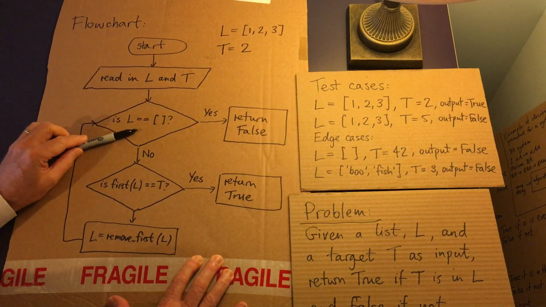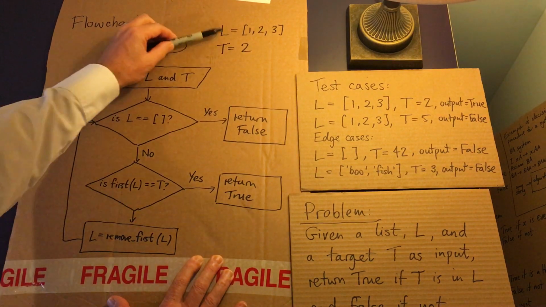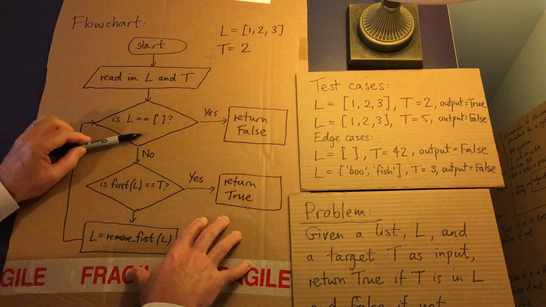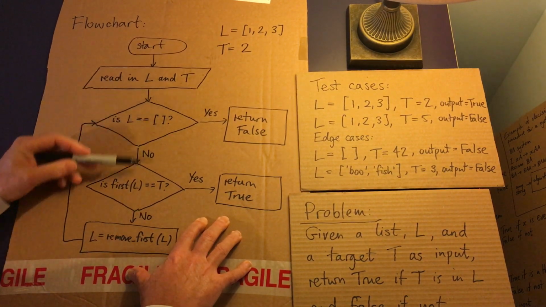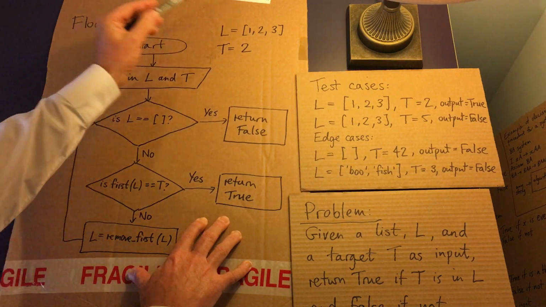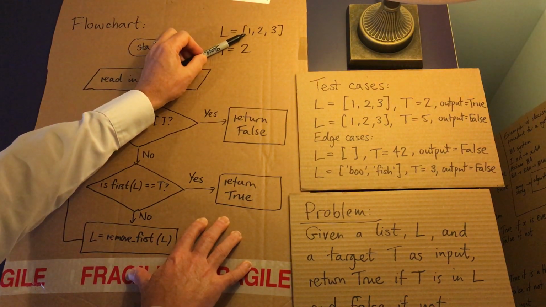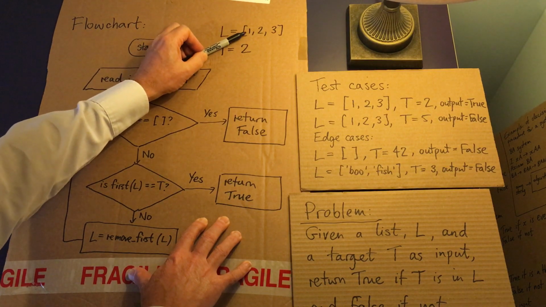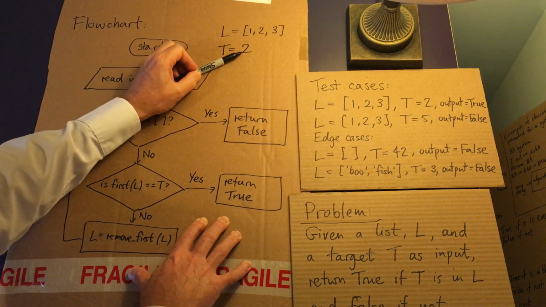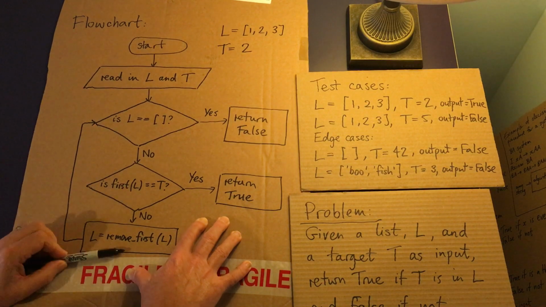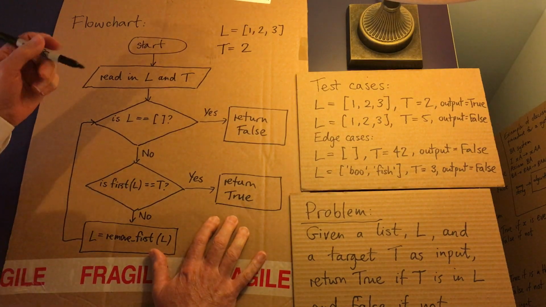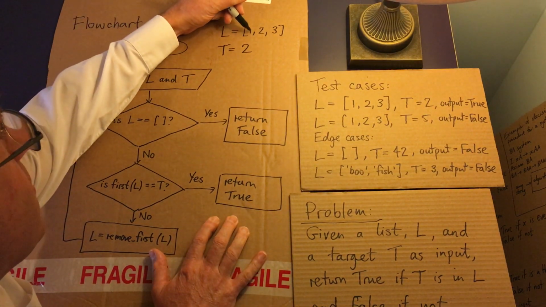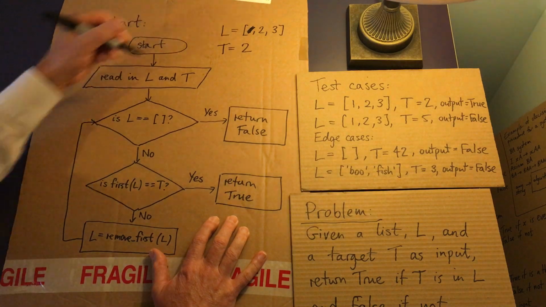We then say, is L the empty list? L is not the empty list, so I go down here. Sorry, that should be a no there. So I go down here. Is the first element of L equal to T? Well, no, because the first element of L is 1 and T is equal to 2, and they're not equal. So I go to here and it says L is equal to remove first of L. So I now update L to remove the first element completely.